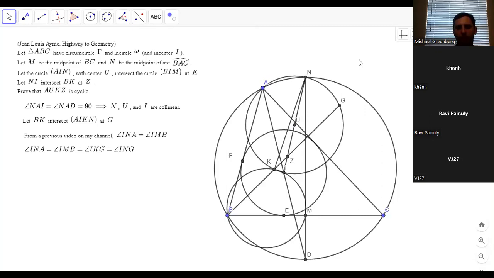One second, I'm thinking about what Khan just said. So I get that this bisects angle AZG. I'm still, okay. So I think AUN, okay.